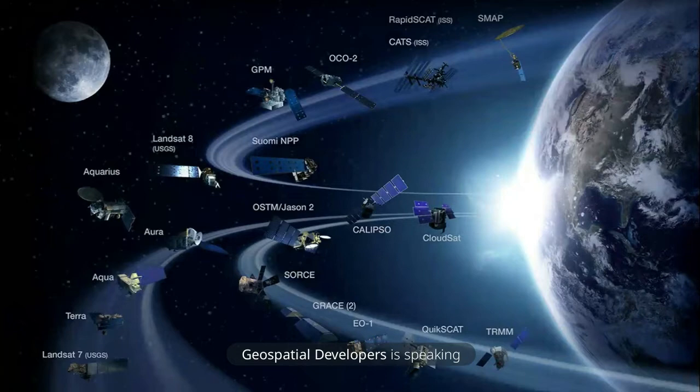I'll start with this image that we are seeing on your screens. These are satellites. We have a lot of satellites orbiting around the Earth, and all these satellites are taking footage of the Earth, right? So Earth Engine is like a repository where some of these images are being archived.